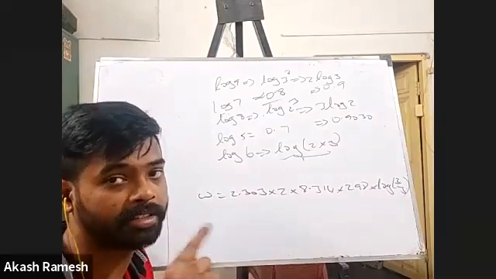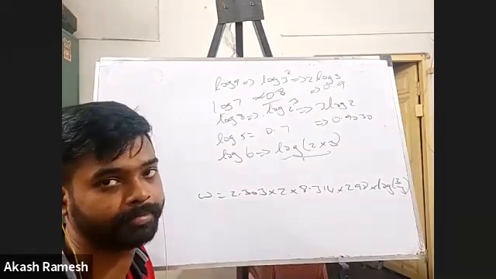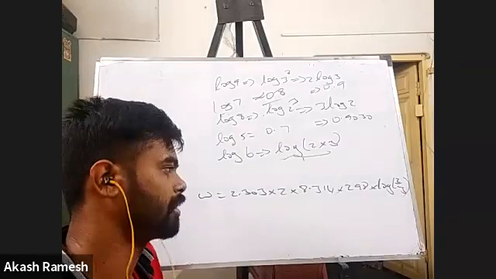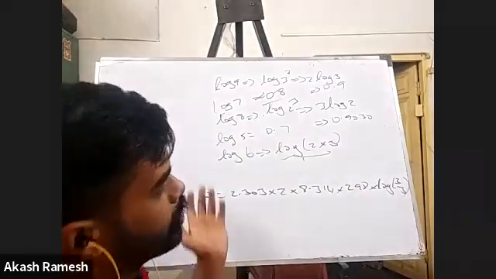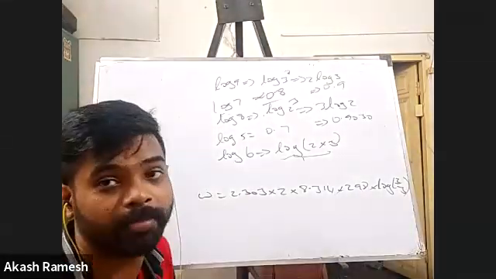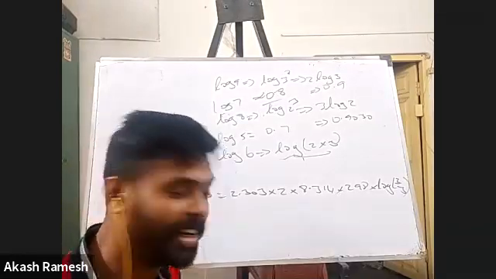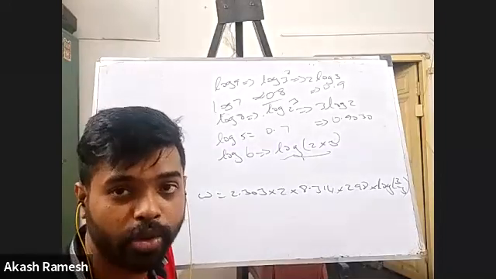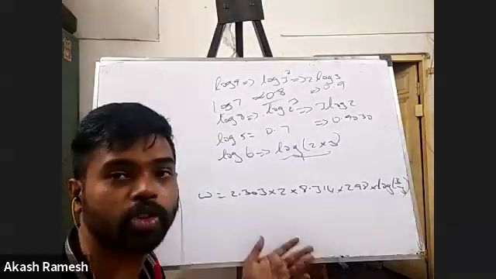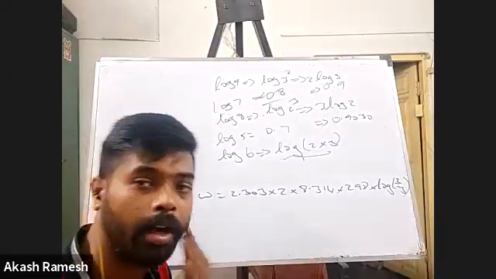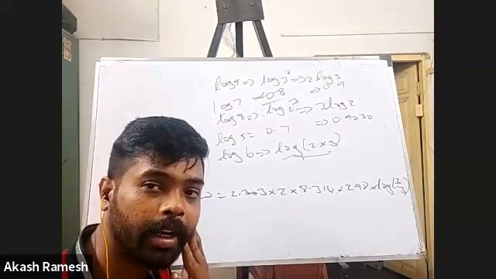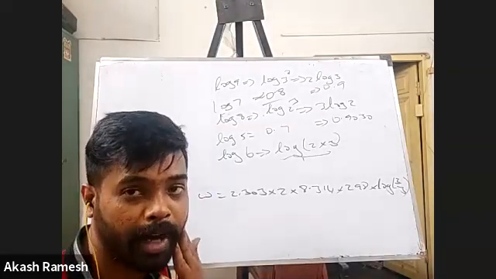I wrote 0.66 as 2 by 3. Now you know log 2 value, you know log 3 value. You can go for this big calculation, and whenever you find the answer, you can let me know. Eventually you have to do these calculations, and this kind of calculation you are expected to do for your school exams, so you have to be a little fast in calculating.